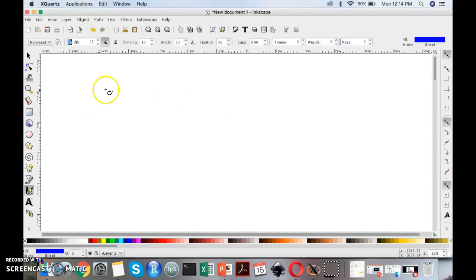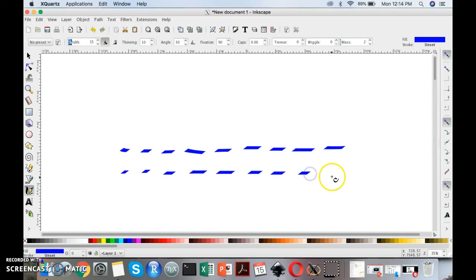So basically you're going to have your soils. Let me draw just a few marks. These are going to be your soils. I'm going to make a layer here of clay soils.